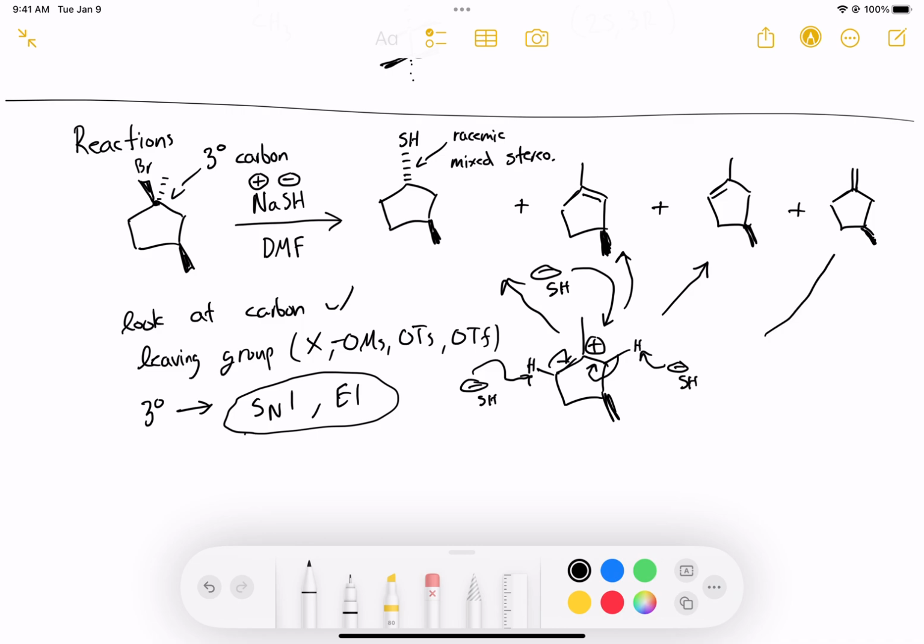And then to get this product, it meant, let's just erase this for now. It meant this hydrogen was attacked like this. So you get a variety of products there, okay?